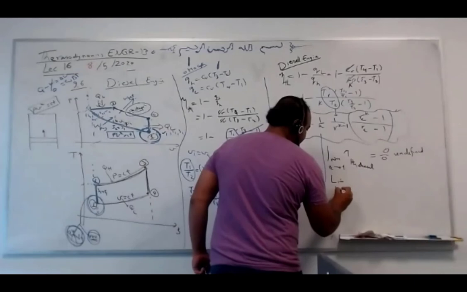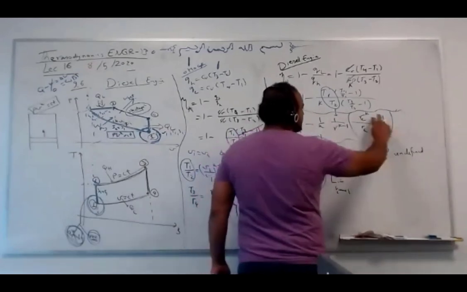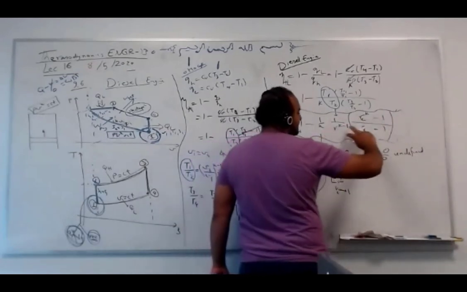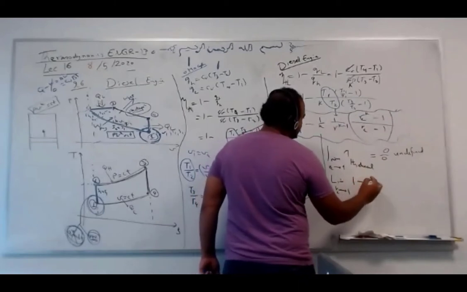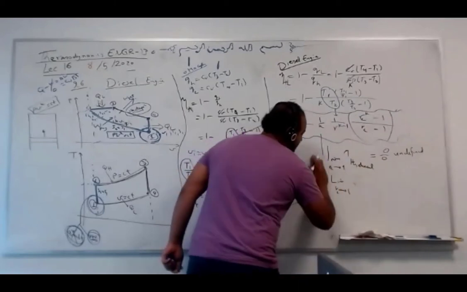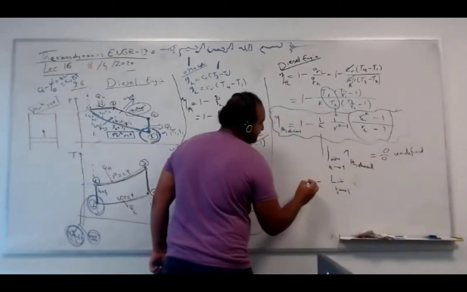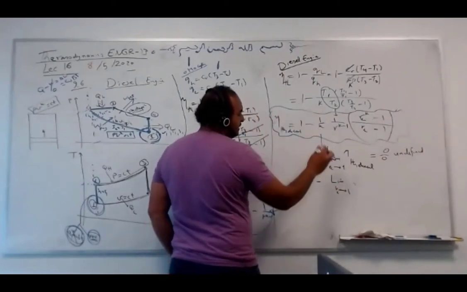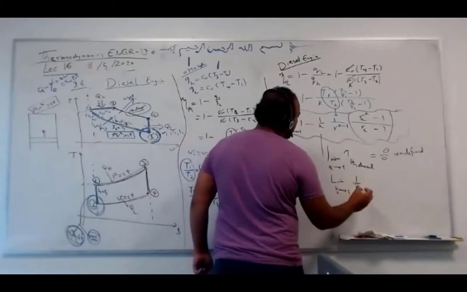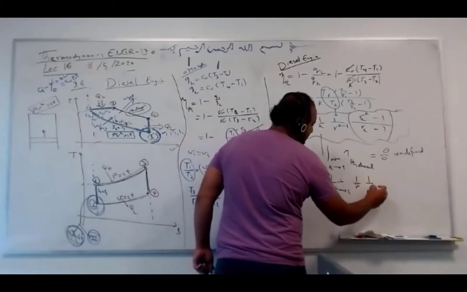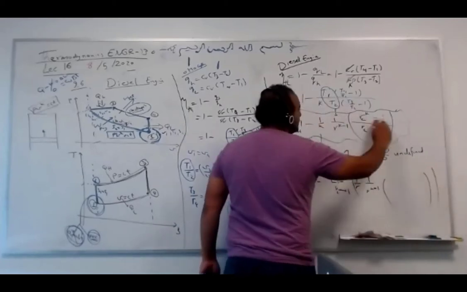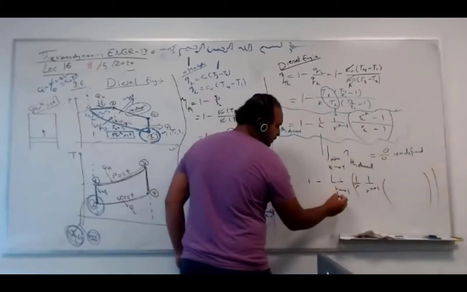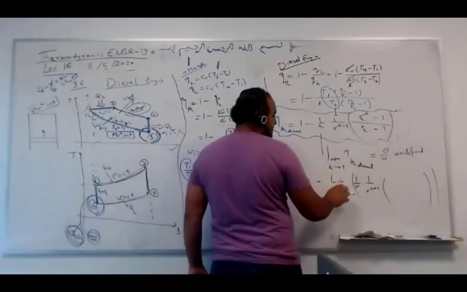It means differentiate this with respect to rc, and this with respect to rc. So we have 1 minus; we don't care about the 1 minus, we can take it out. We have 1 over k, rc to the k minus 1. Now differentiate this one with respect to rc, because the limit as rc tends to 1 means differentiating with rc.